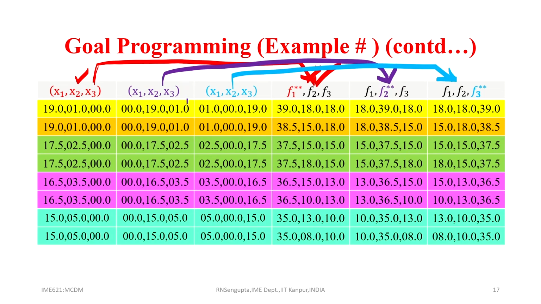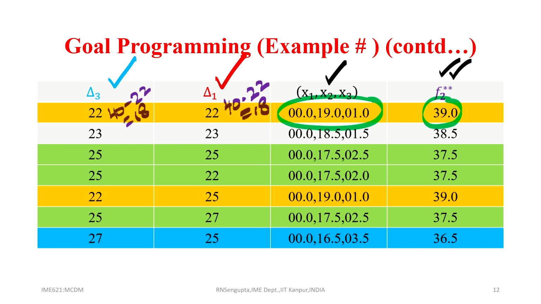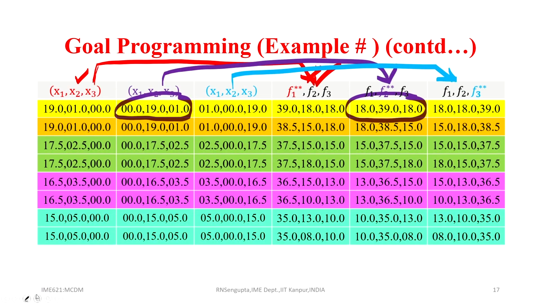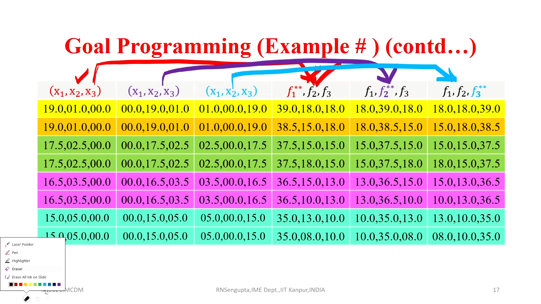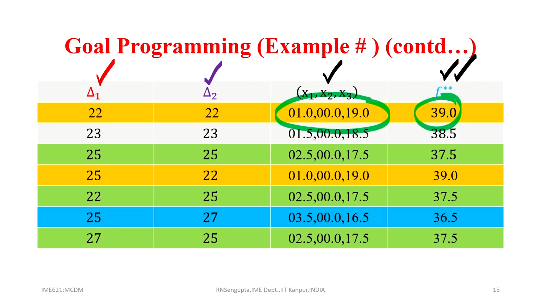So, here you see 0, 19, 1 and 18, 39, 18. Finally, when we see this case, for F3 double star, let us go back to F3 double star.